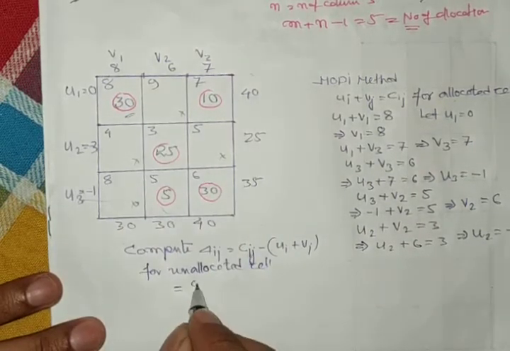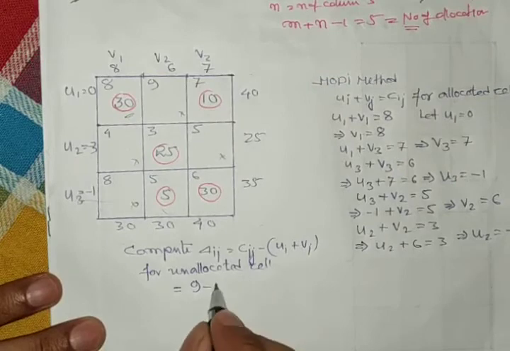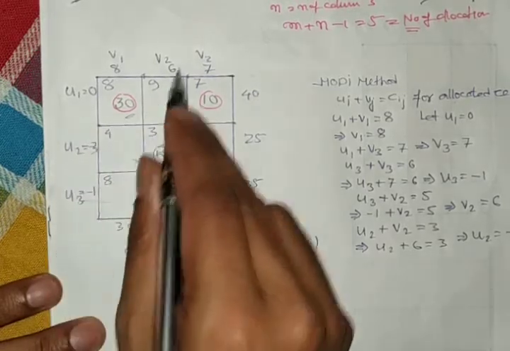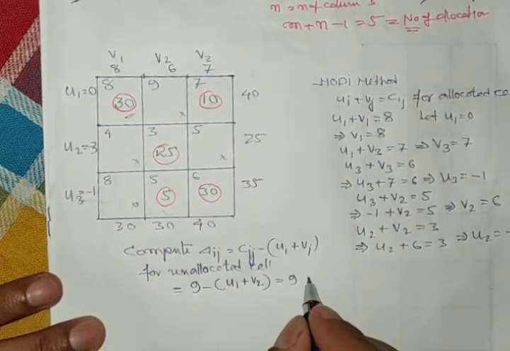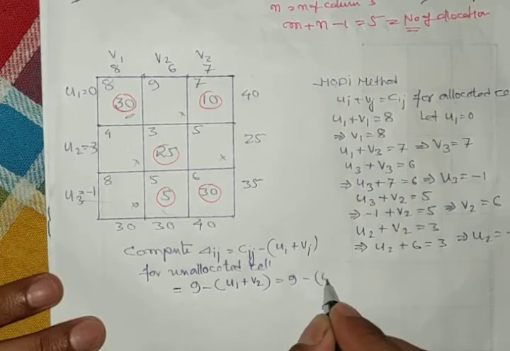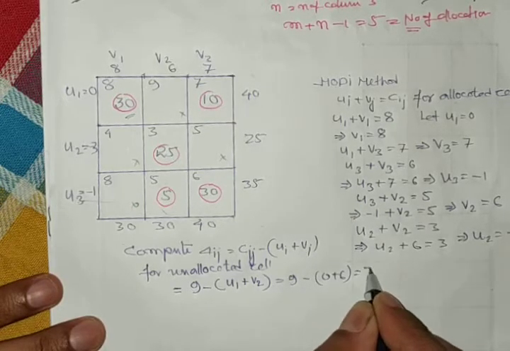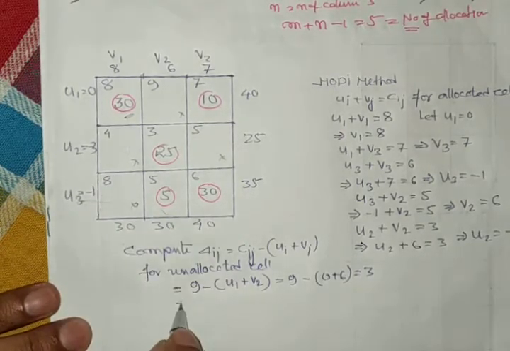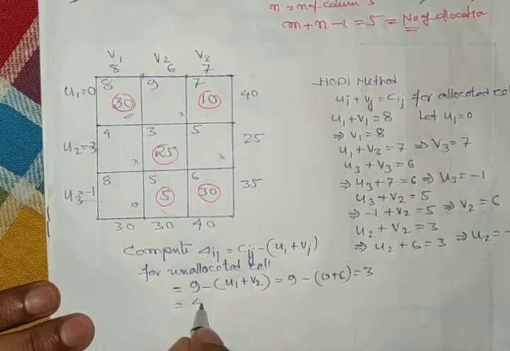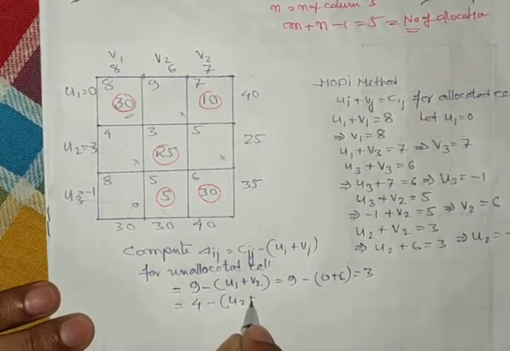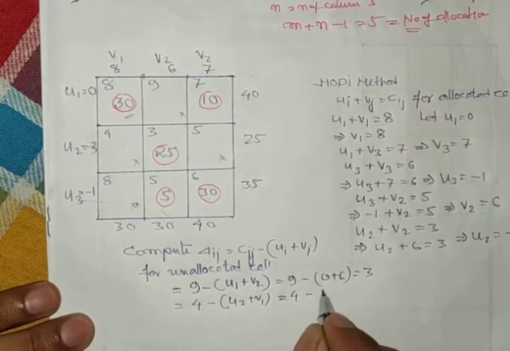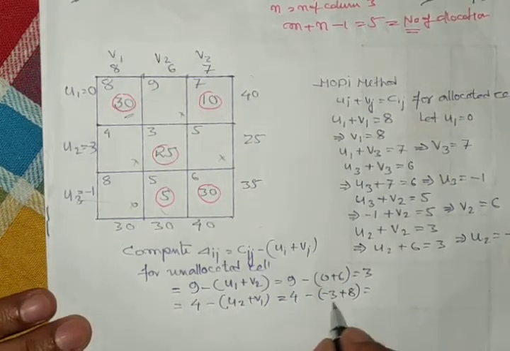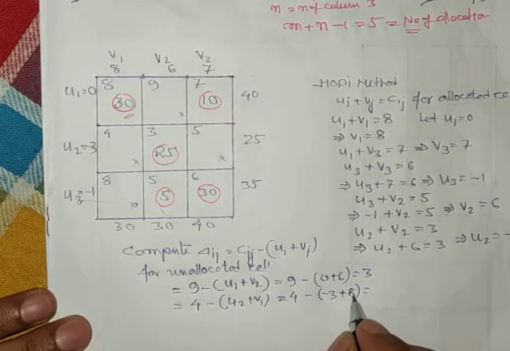The first one is 9, and this one will be U1 plus V2. So 9 minus (0 plus 6), so it will be 3. Similarly for this one, it is 4 minus (U2 plus V1). 4 minus (minus 3 plus 8), so it will be minus 1.